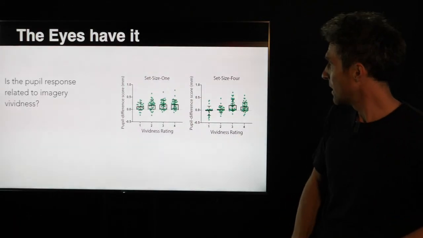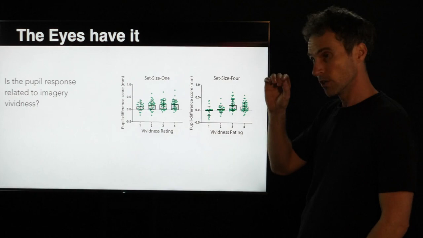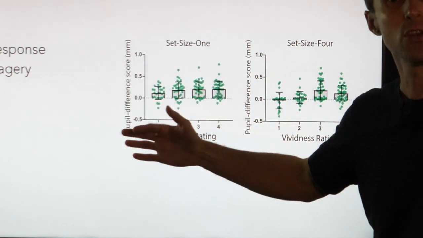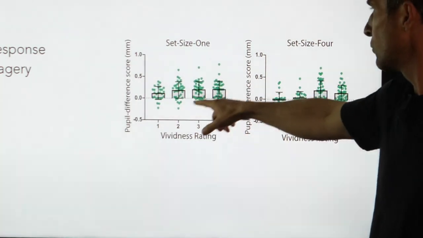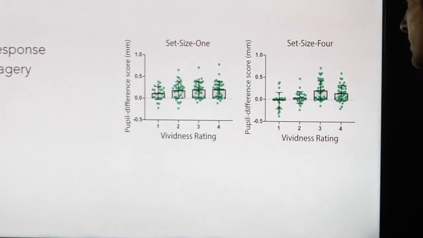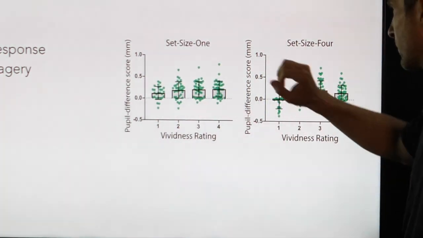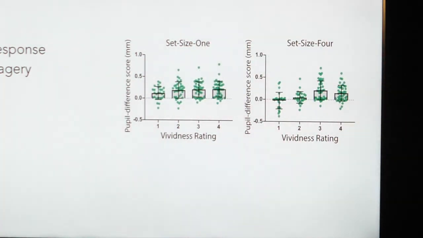So we also got people to report the vividness of their imagery when they were imagining the triangles. And so we can map that vividness data onto the pupil response here. So here, the vividness ratings 1, 2, 3, or 4. And then we can look at the difference in pupil diameter across all those different vividness ratings for set size 1, set size 4.